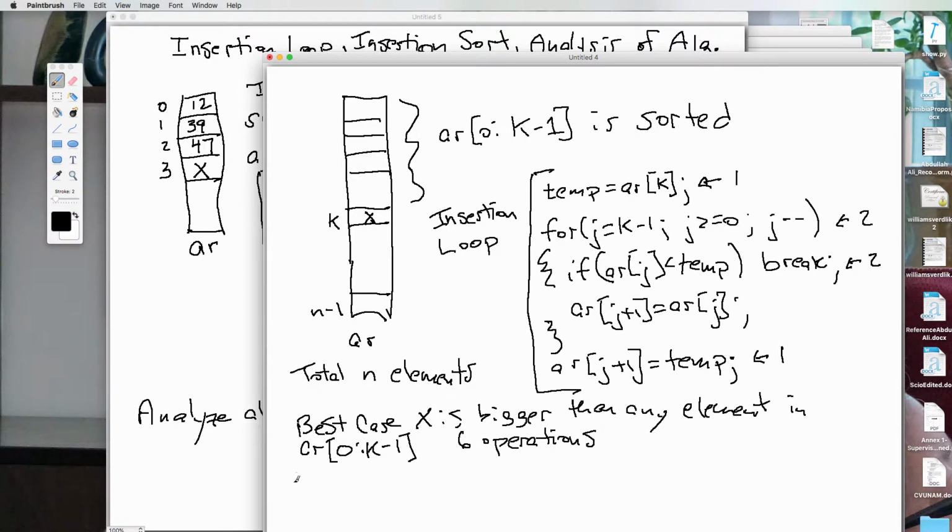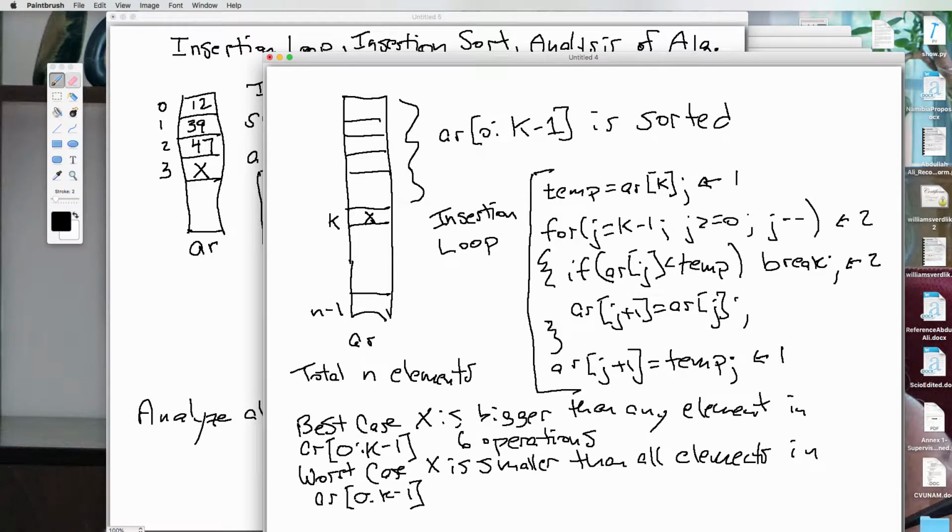Okay? And now we're going to do the worst case. And the worst case is going to be X is smaller than all elements in AR of 0 to K minus 1.